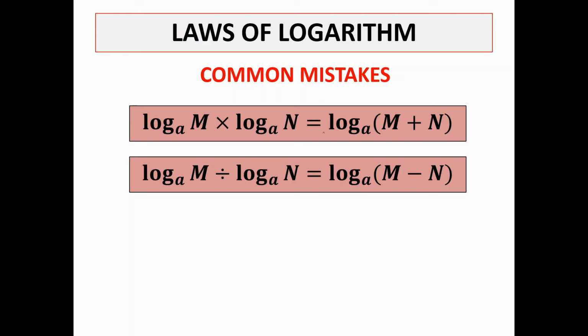Okay, what's wrong with these two equations? Clearly you can see here multiplication and division, and clearly we can see here addition and subtraction is not located in the right place.